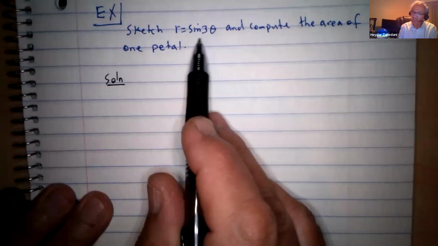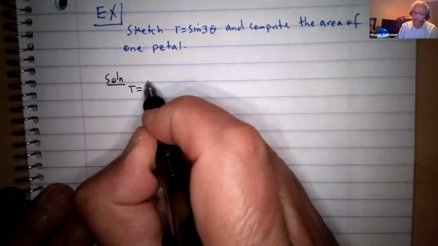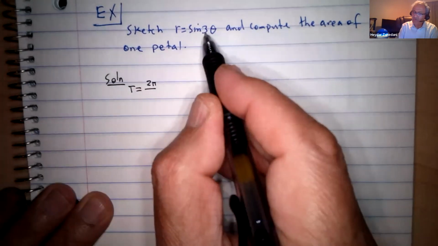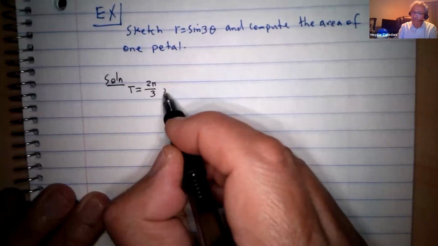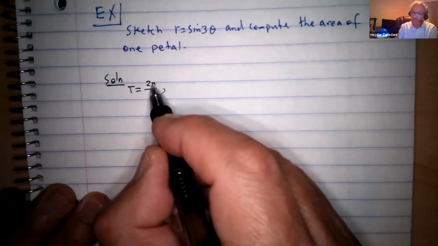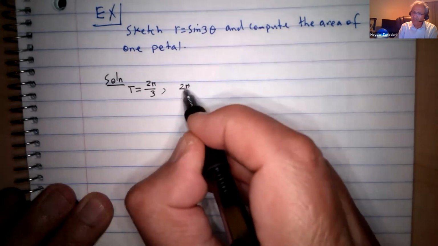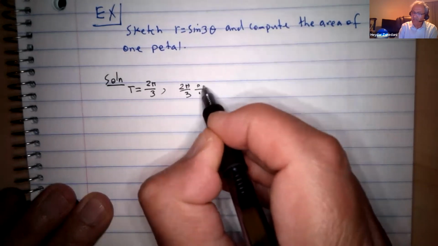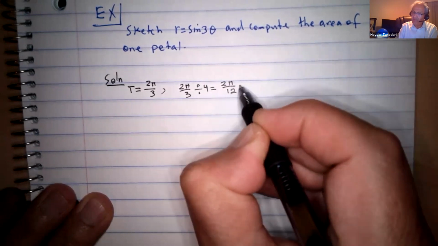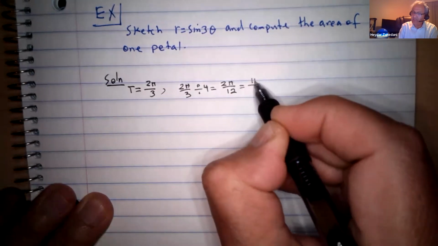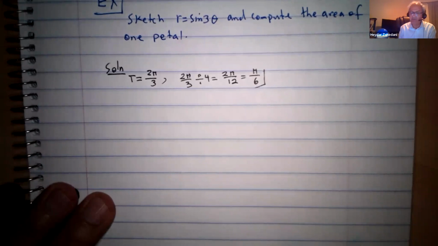If this is going to be an xy coordinate, the period is going to be 2 pi over 3, 2 pi third. And when we want to graph it in pre-calculus, we divide this one by 4. So 2 pi third divided by 4 is going to be 2 pi 12, and that gives you pi 6.